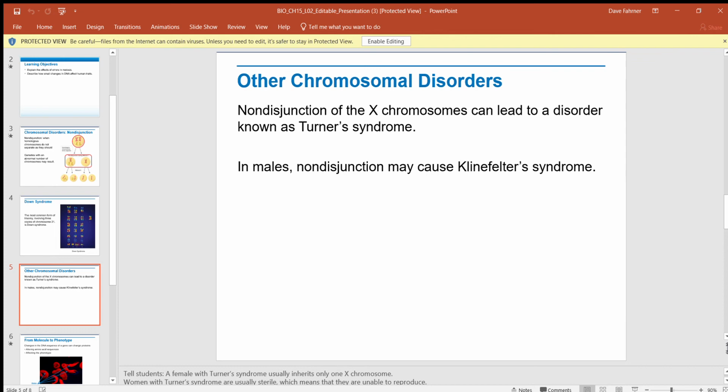Another of the sex chromosome characteristics that come up from non-disjunction, a very common one, would be Klinefelter syndrome. This is a 47XXY male, which means these males have an extra X chromosome. They have the Y chromosome, so that indicates that they are a male. Now, these individuals will be sterile, and they have some more feminine type characteristics.